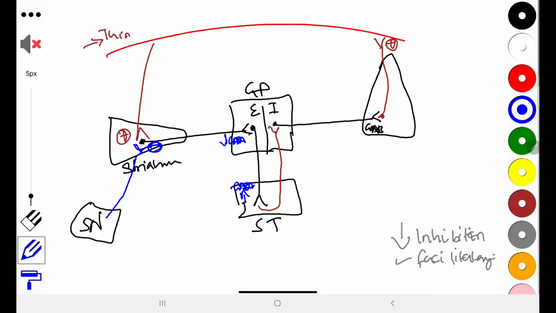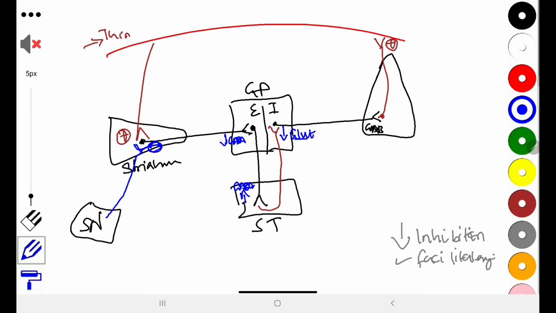So it will release more GABA in the subthalamus. If it's releasing more GABA in the subthalamus, this will imply that it's inhibiting the subthalamopallidal tract. So there will be less glutamate here.